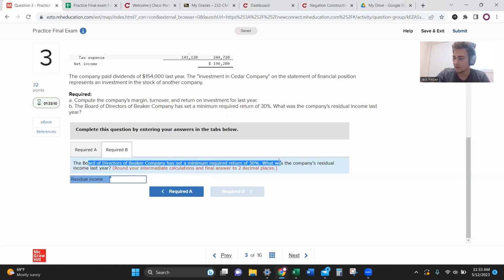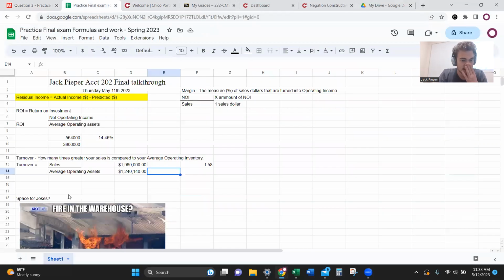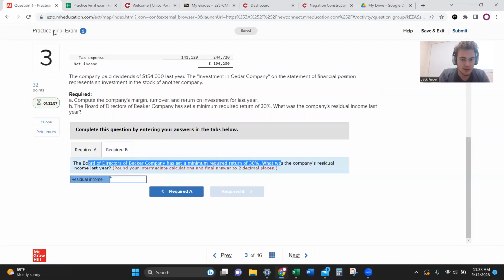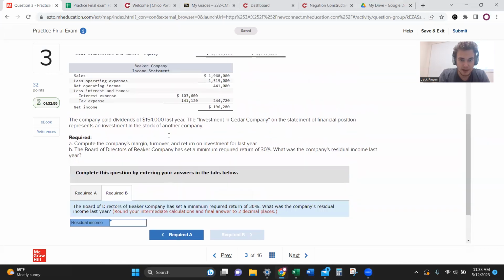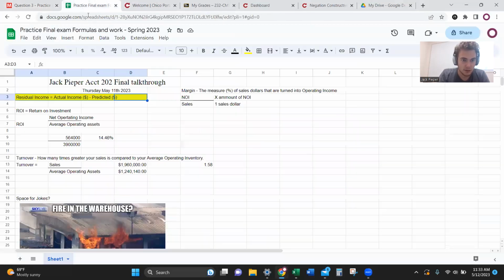Okay. And then they have a minimum rate of return of 30%. What is the residual income from last year? So residual income is going to be our actual minus predicted. So it's the actual income in dollars minus the predicted income in dollars. So let's find our actual income. Oh, wait, I found it right there, 441,000. Cool. That is our actual income.